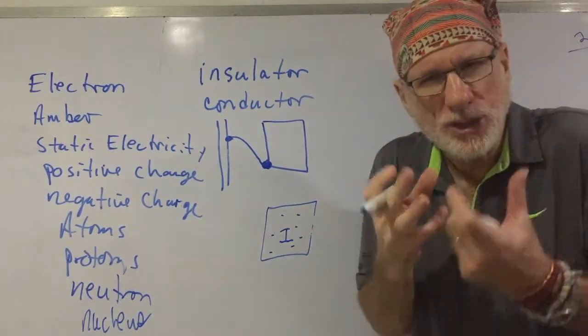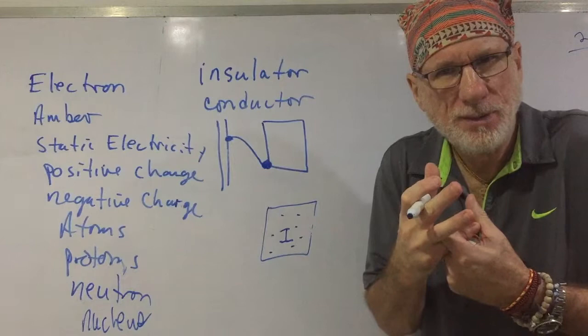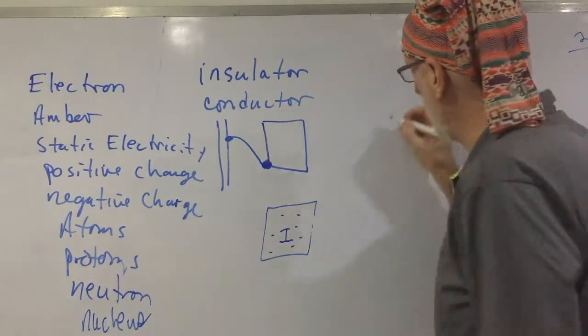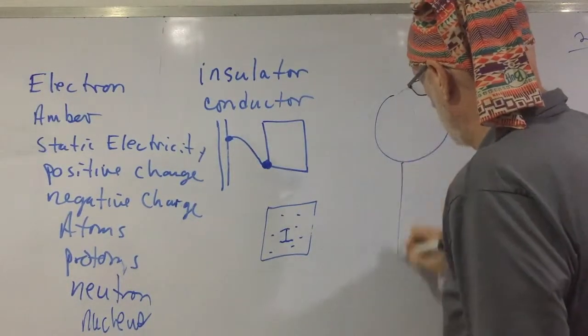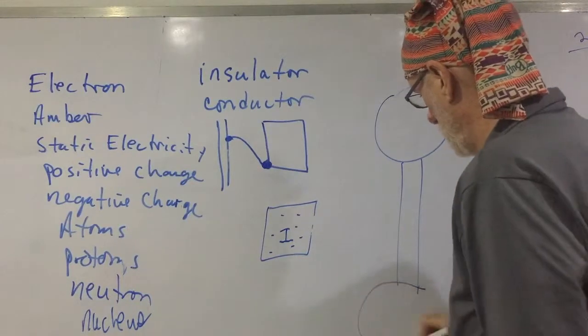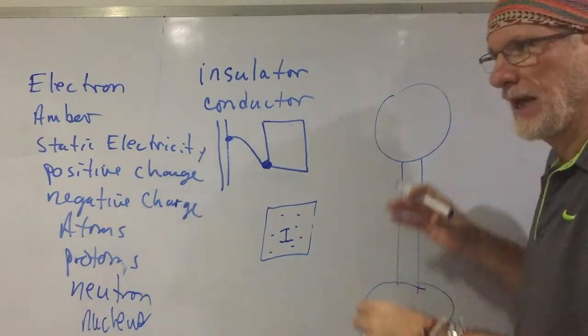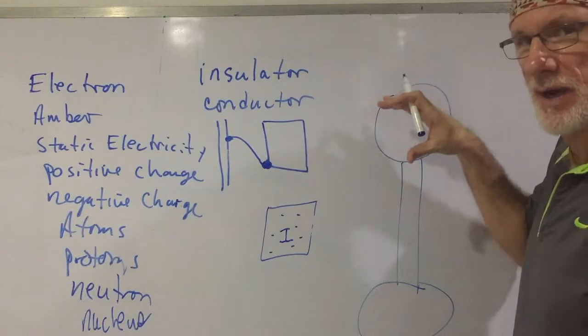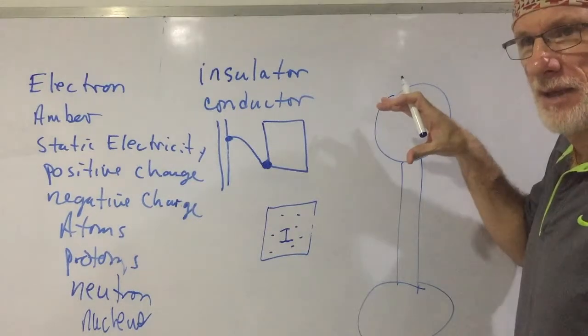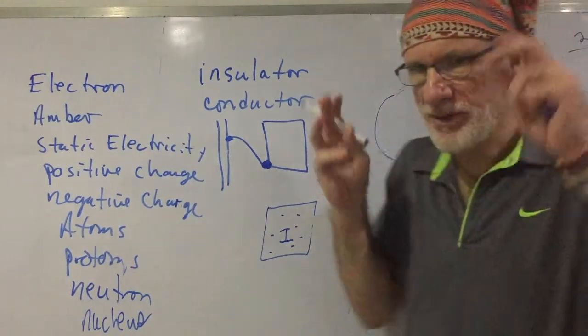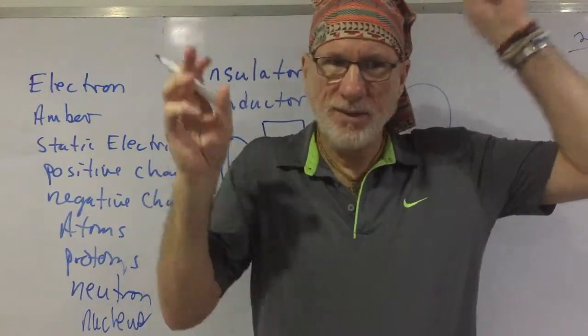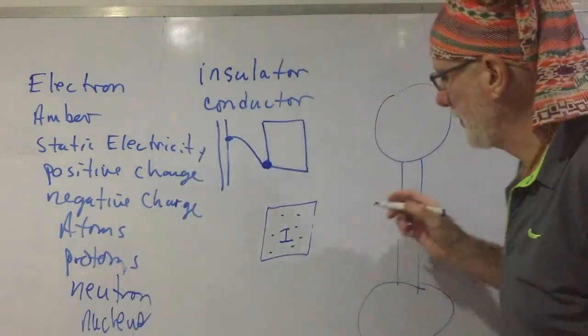And what are you actually doing? In other words, we had the Van de Graaff generator we saw. And they put their hands on the Van de Graaff generator, right? And their hair stood on end, remember? And what happened?